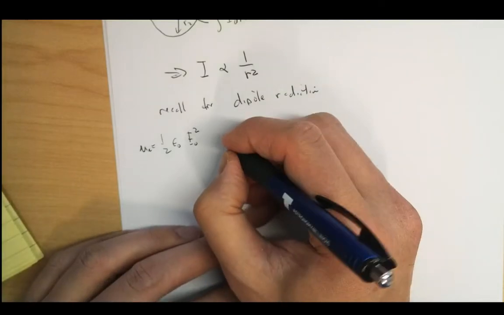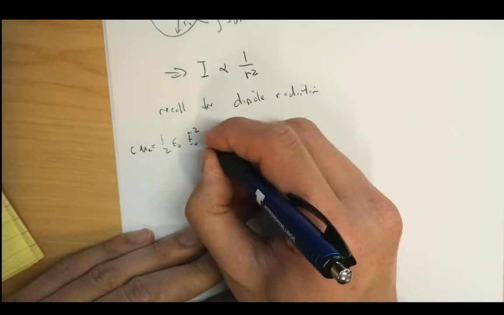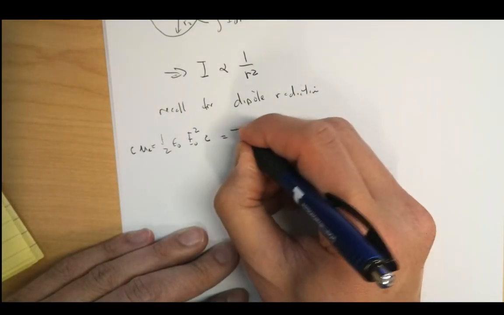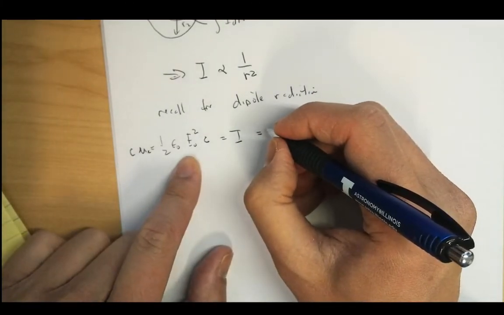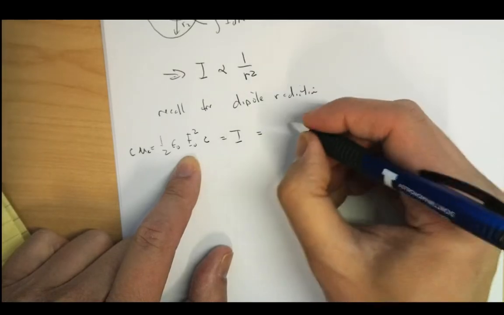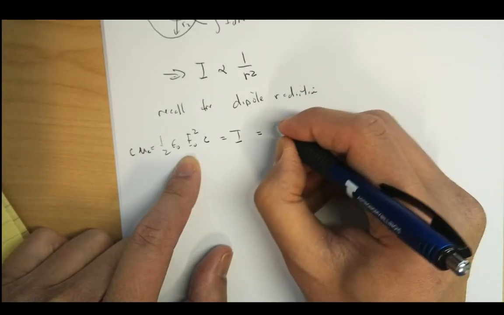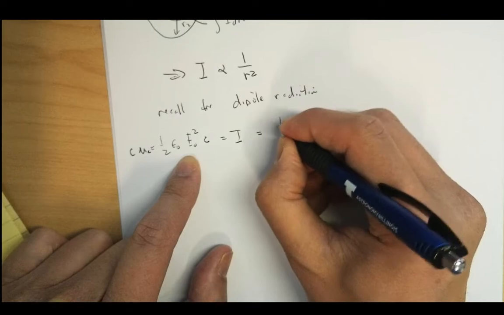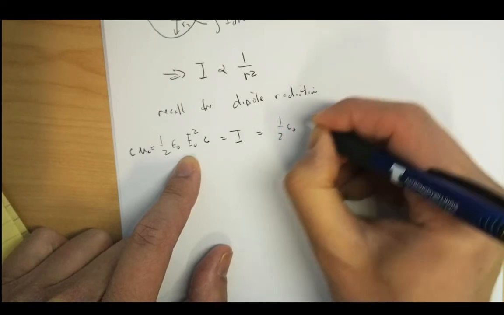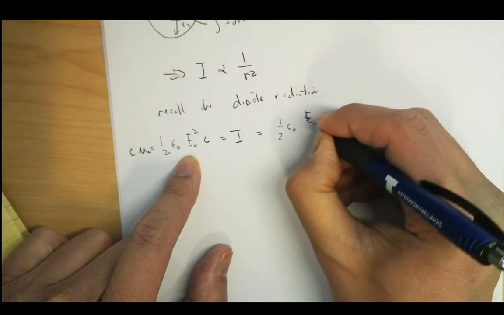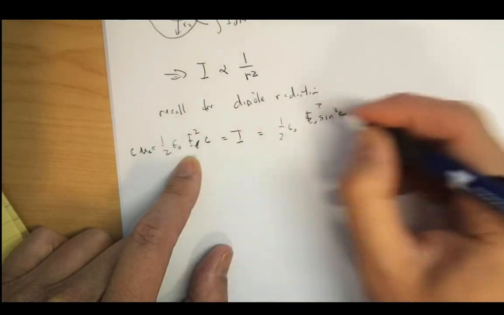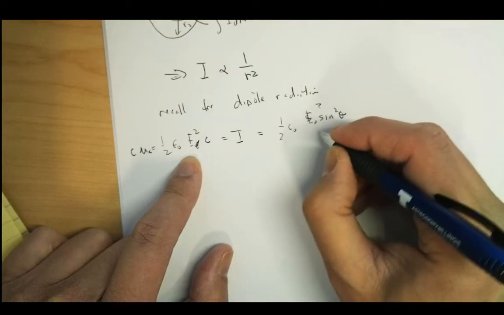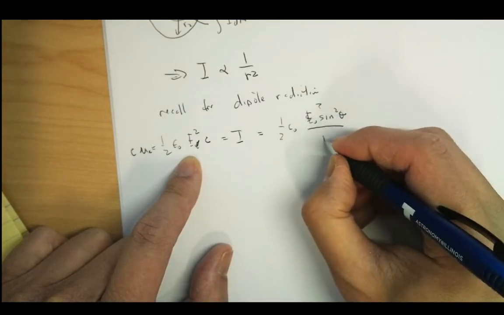If I multiply this times C, this basically gives me I now. Now this thing depends on the angle, so this actually goes like 1/2 epsilon 0 E0 sine squared theta, because I'll write E goes like E0 times sine theta over R squared.